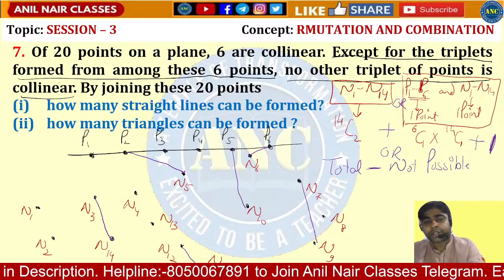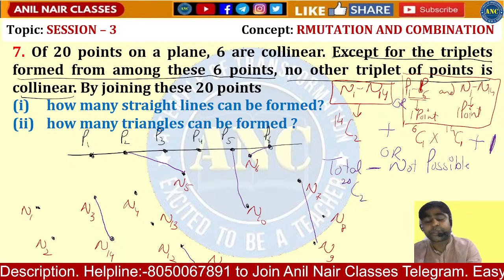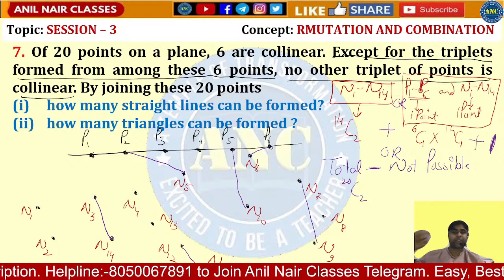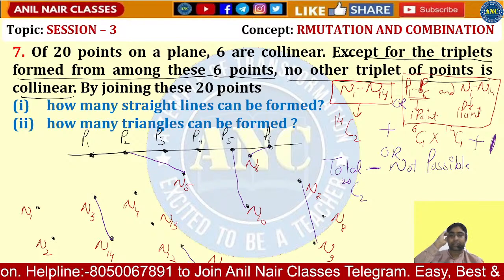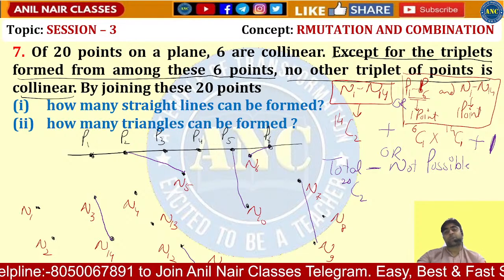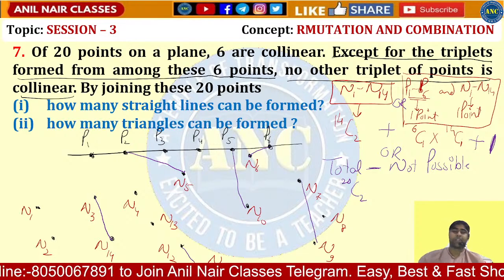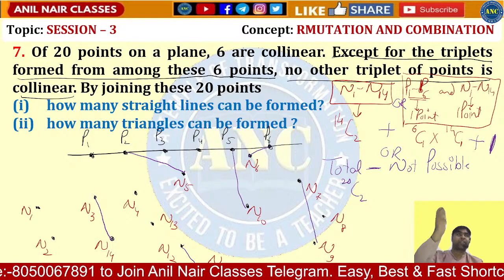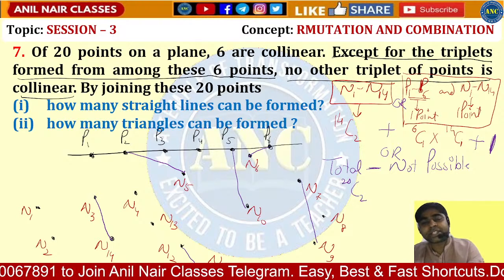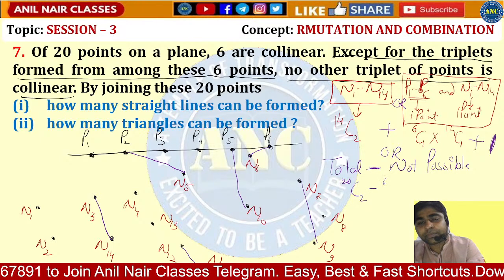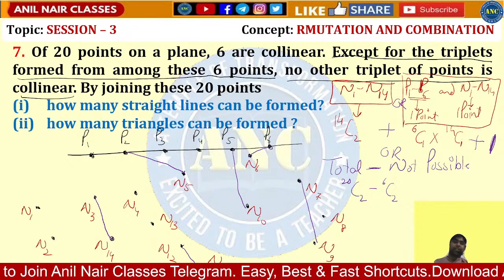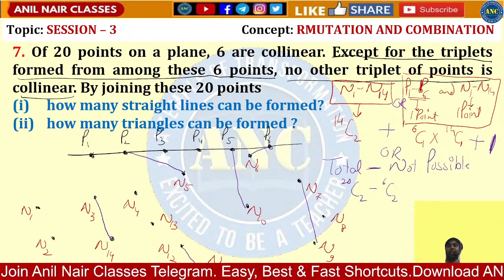There are 20 points, and out of them I have to choose any 2 points, so 20C2, minus the lines that are not distinct. From P1 to P6, if I choose any 2 points, that would not be a distinct line.